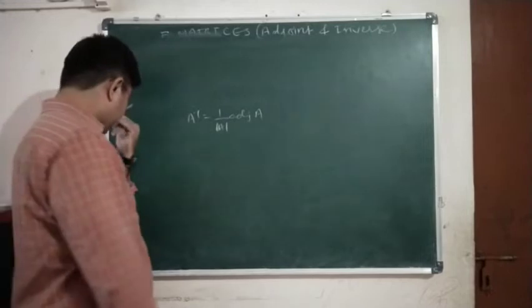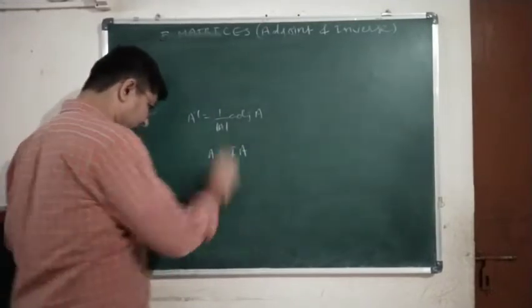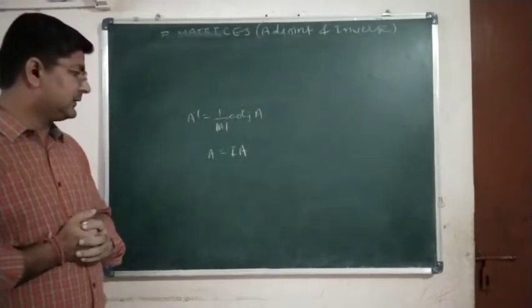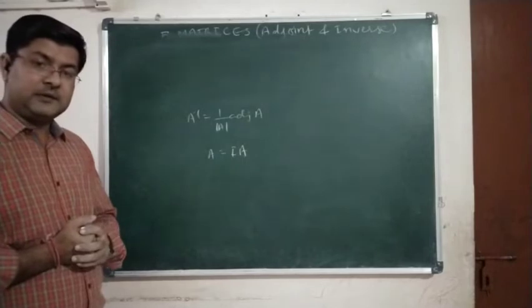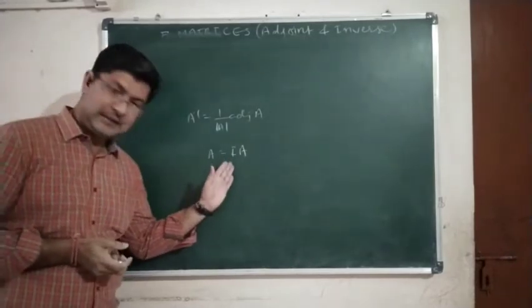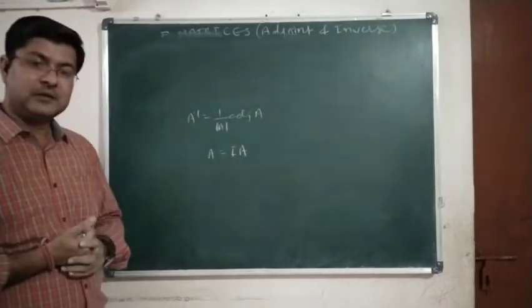For elementary row transformation, we can use the rule A is equal to IA. Okay, yes or no? And then we will transform the identity matrix into the inverse. Okay, clear?